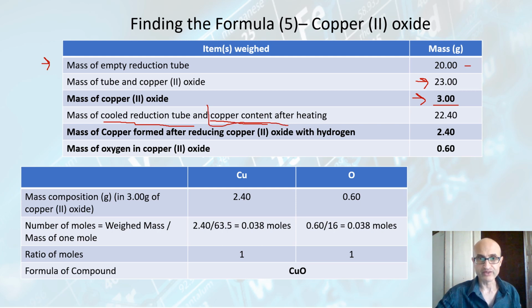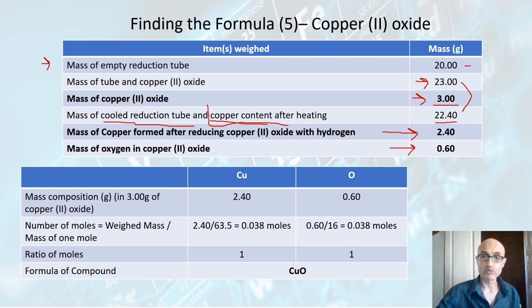So notice that the mass of the tube and the copper weigh less than the mass of the tube and the copper 2 oxide. The loss in mass, the difference, must be due to the oxygen that has reacted with the hydrogen. The oxygen that has reacted with the hydrogen will cause this decrease in mass. So the mass of the copper formed after heating the copper 2 oxide with hydrogen is 2.4 grams, and the mass of the oxygen is 0.6 grams.